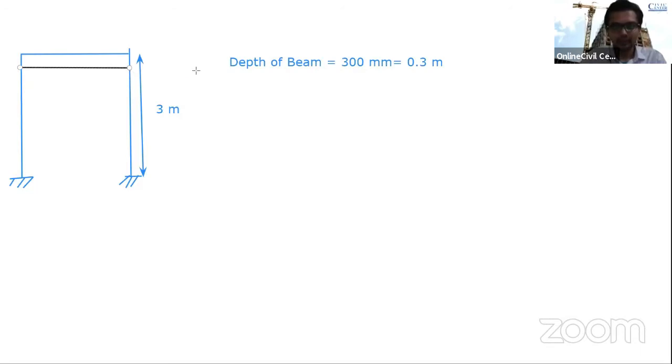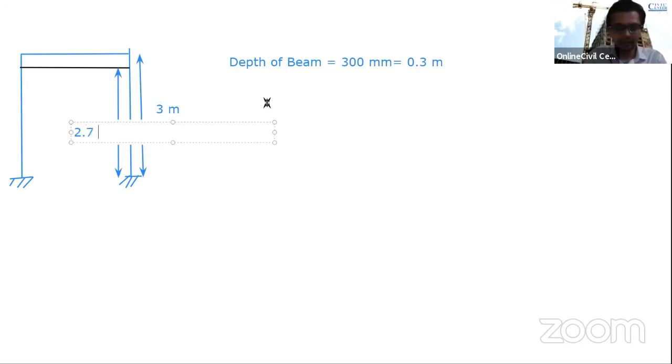So here we have a beam whose depth is 0.3 meter. Now this particular height will be, previously we had written 3 meter, so 3 minus 0.3, which is 2.7.